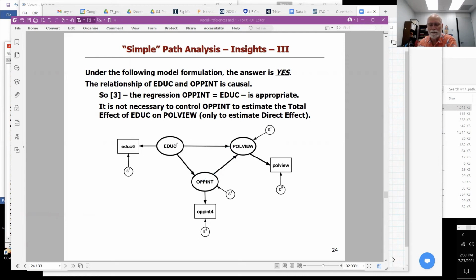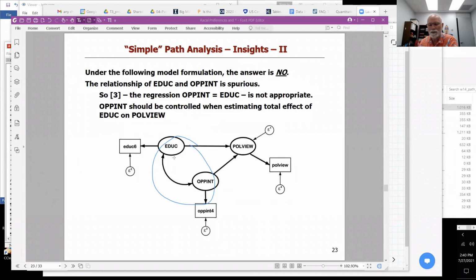And we have another regression here, where opposition to integration is predicted by education. So the flow graph has now distinguished. So watch this region of the model, and I'm going to go back and forth.